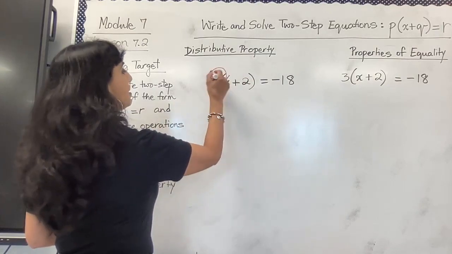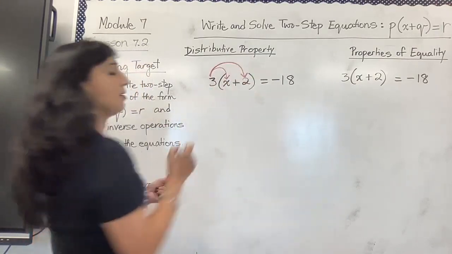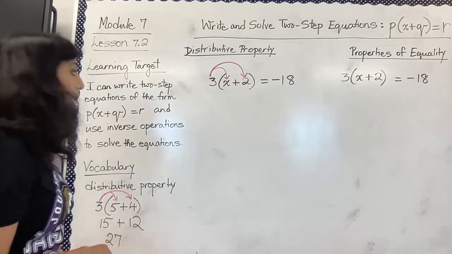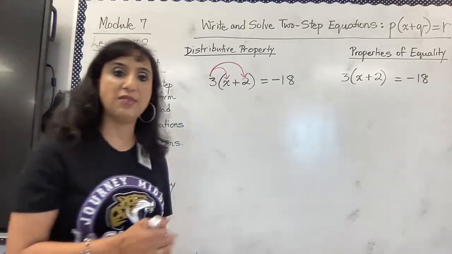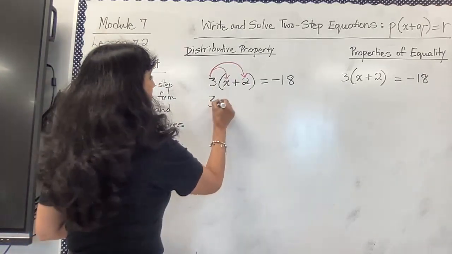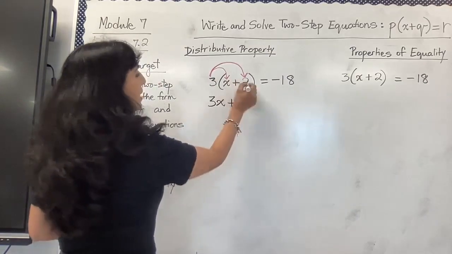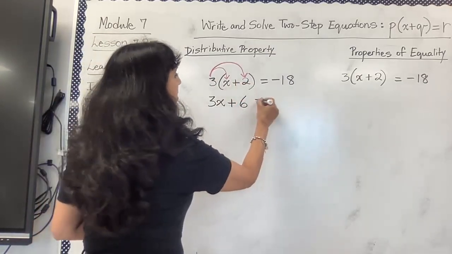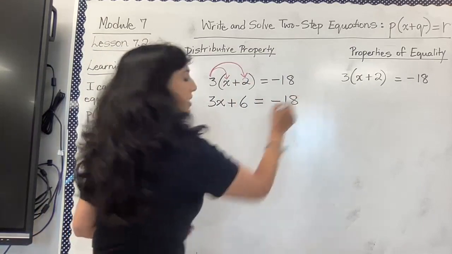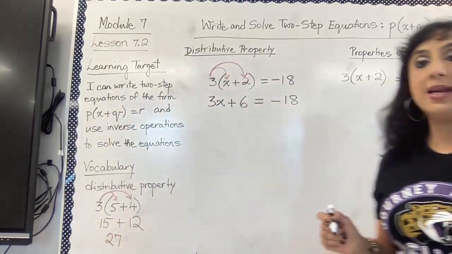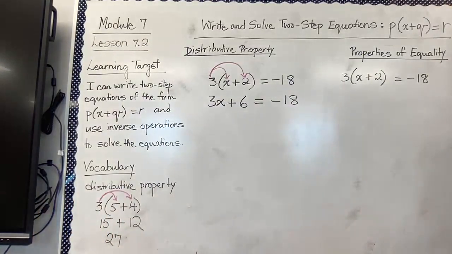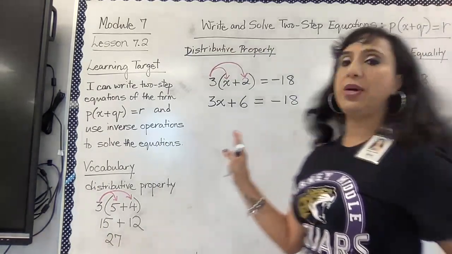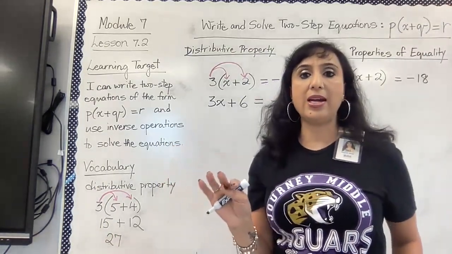So 3 times x plus 3 times 2. 3 times x gives me 3x, plus 3 times 2 is 6, is equal to negative 18.